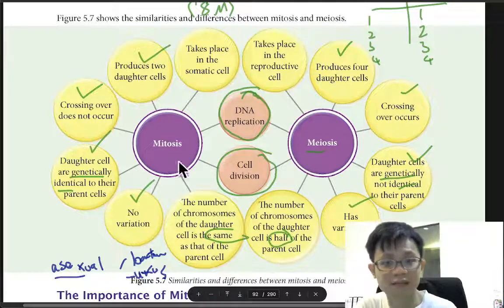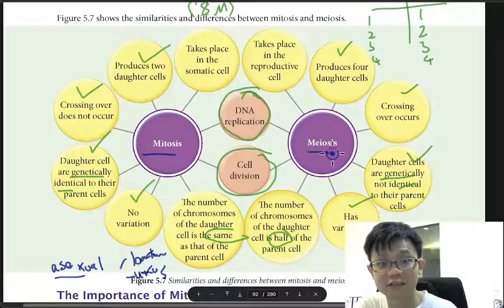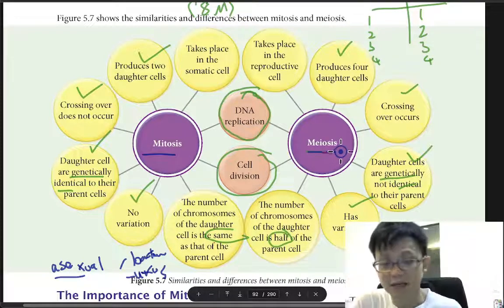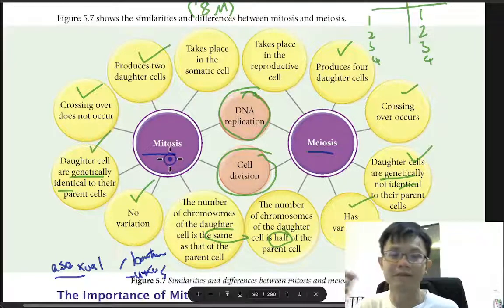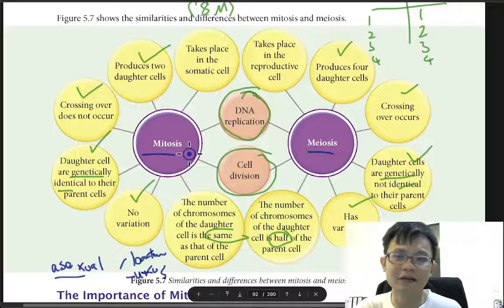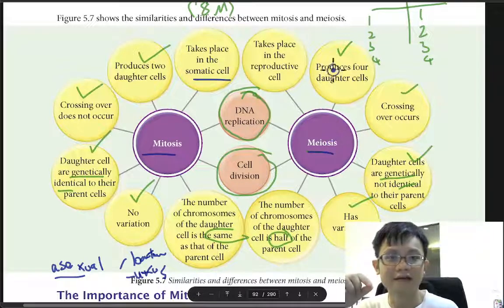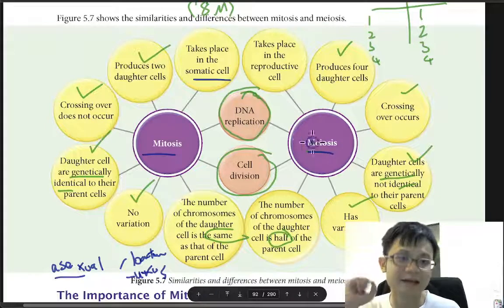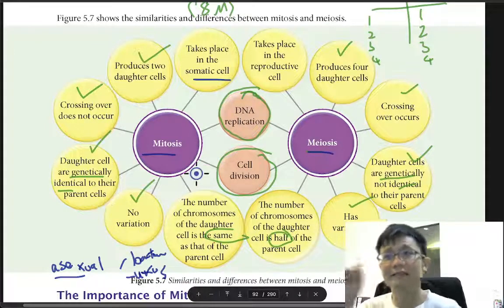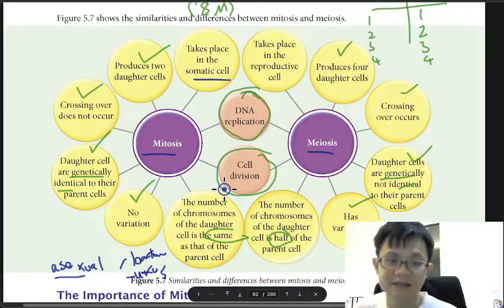So you just say, mitosis and meiosis are both processes that include cell division. However, mitosis is different because mitosis takes place in somatic cells, but meiosis takes place in reproductive cells. In the mitosis process, crossing over does not occur, but in meiosis, crossing over occurs. Just make a sentence that people can understand.